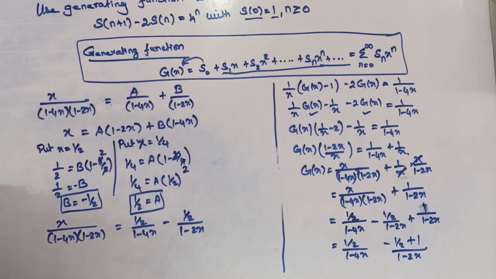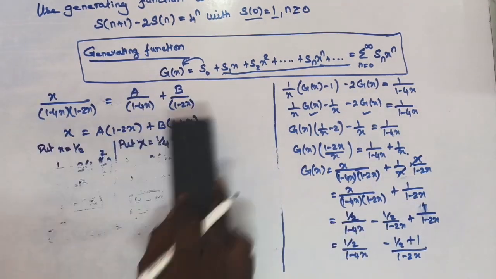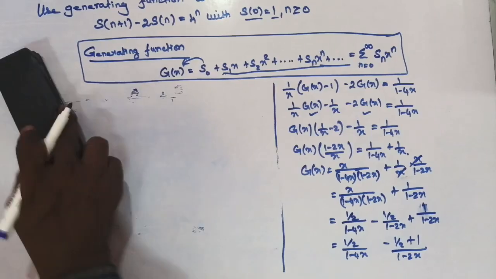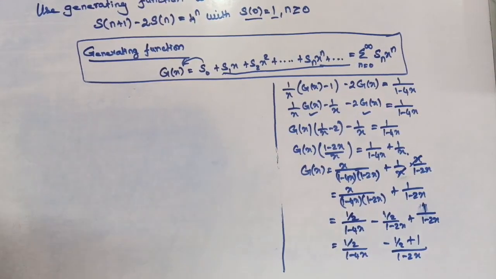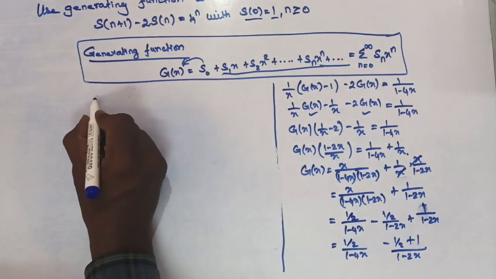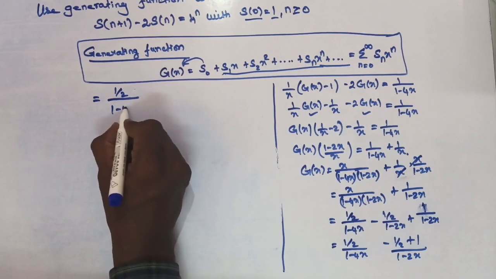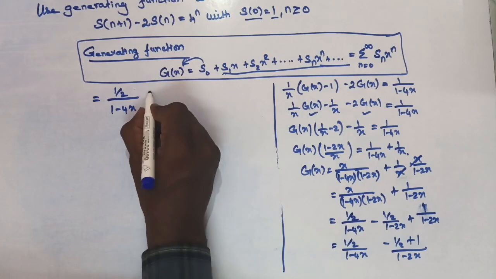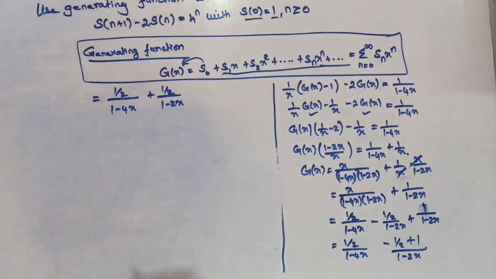Once again there is no space, I can erase this partial fraction and start to do this one. So this is equivalent to 1 by 2 (1 minus 4x) plus 1 by 2 (1 minus 2x). This is what you're going to have.